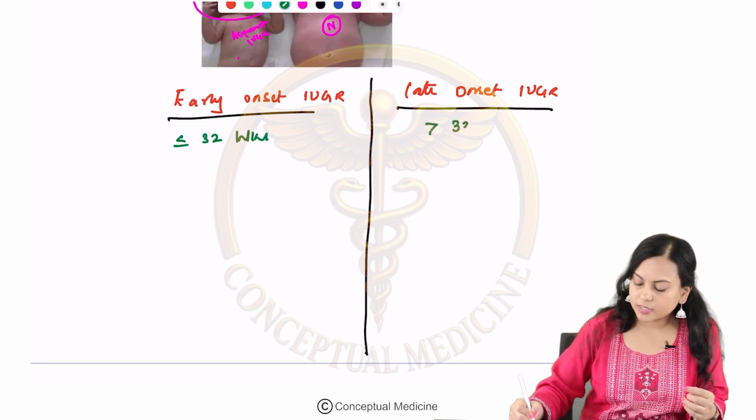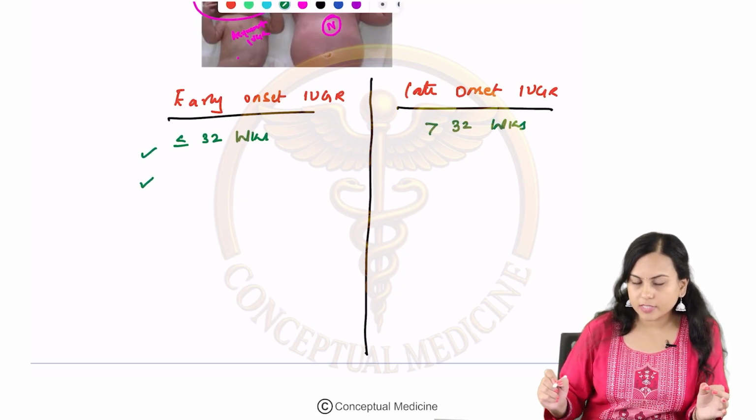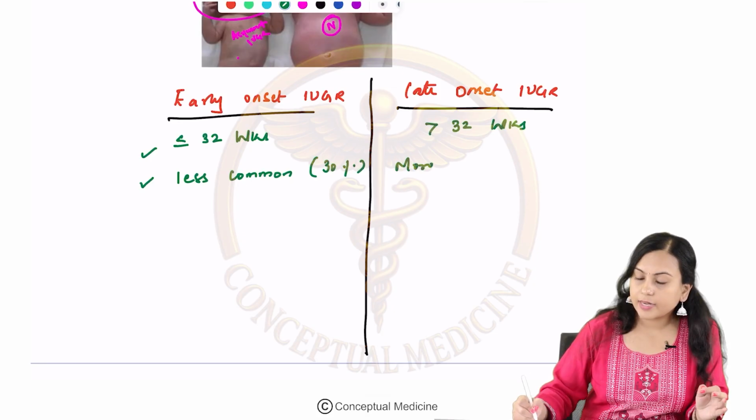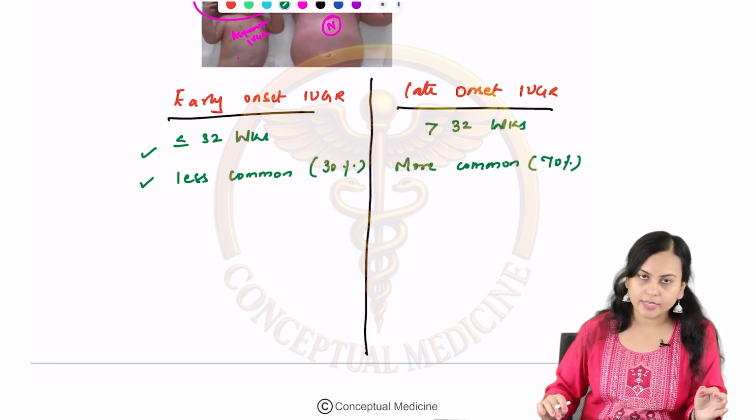In late onset IUGR the onset is after 32 weeks, and remember, early onset IUGR is less common, only around 30%, whereas late onset IUGR is more common, seen in 70% of the cases.